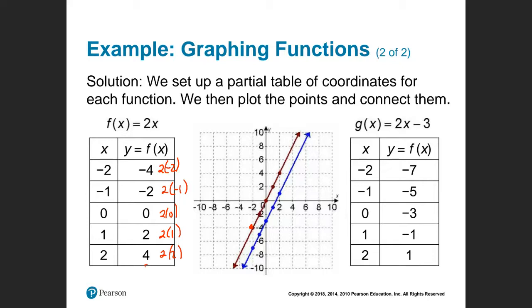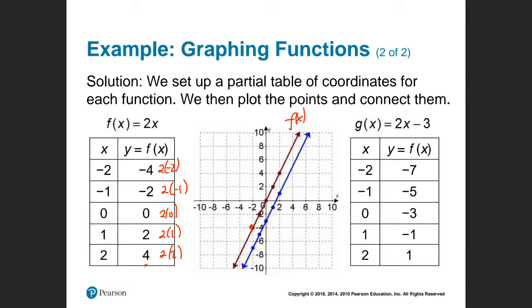Okay, 0, 0. Next, 1 and 2. Next one, 2 and 4. Okay, we got this one. So this is f of x. The red one is f of x.